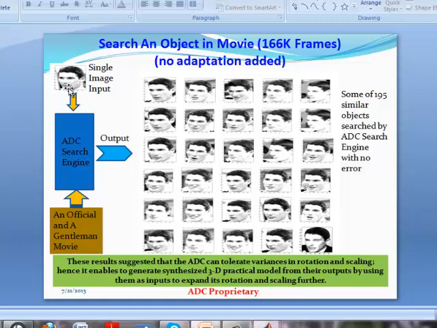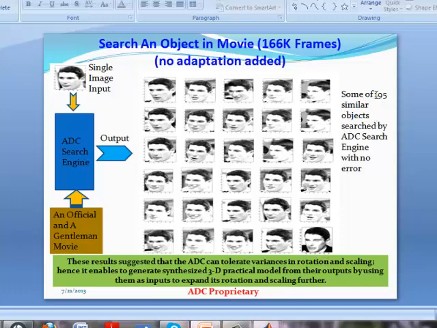So far we talk about single input. We input it into the ADC search engine along with the movie as a database. Then we run the movie with this single input image, and try to find whether it can find any similar person in the movie. Here is some of the result.